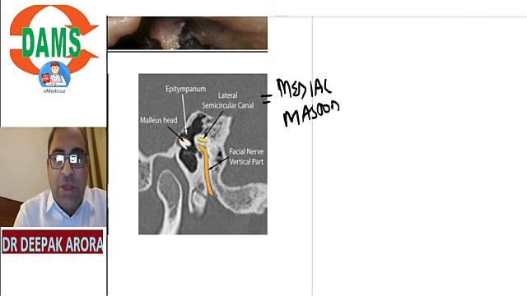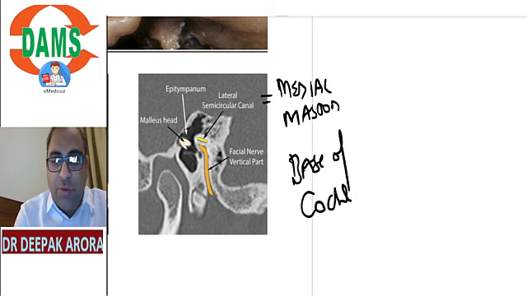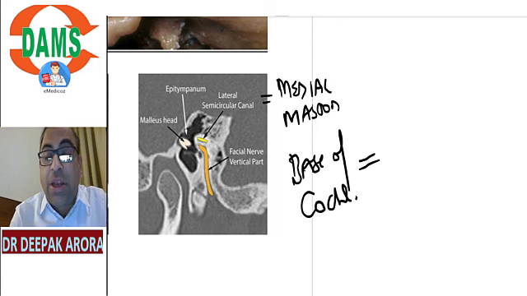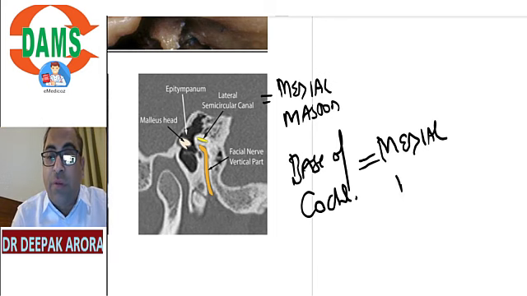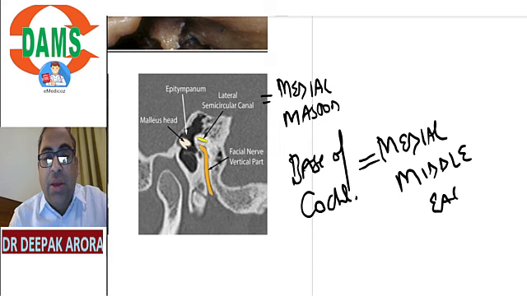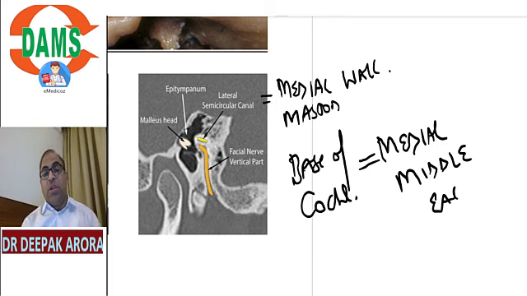Base of cochlea is equal to the medial wall of middle ear, NEET 2021. And lateral semicircular canal is equal to the medial wall of mastoid. Just remember these two formulas.